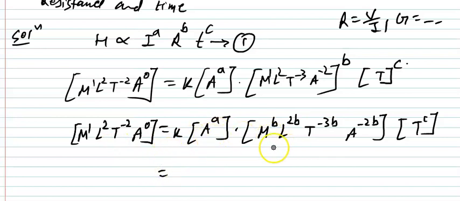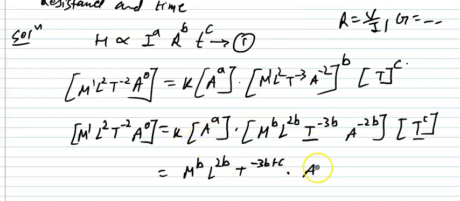There is only one M, so M to the power b, and L is only one, so L to the power 2b. For time, the bases are the same, so the powers can be added: T to the power minus 3b plus c, right? And the current also has the power a, and here minus 2b, so I can write A to the power a minus 2b. Getting it, everyone?